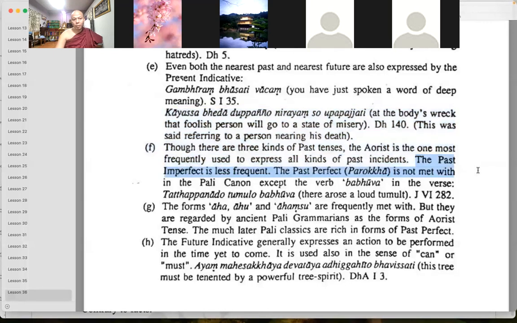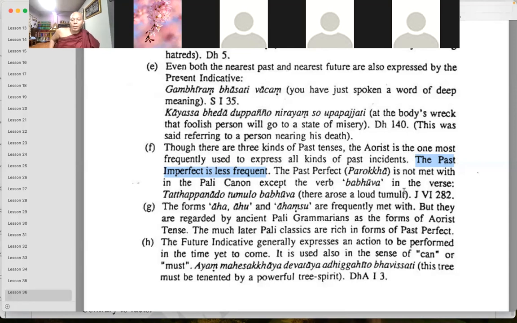And the imperfect past is less frequent. And also the past perfect is not met with in the Pali canon, except only in "babhuva" or something like that, only that form. Contrary to Sanskrit, where the perfect is very common.